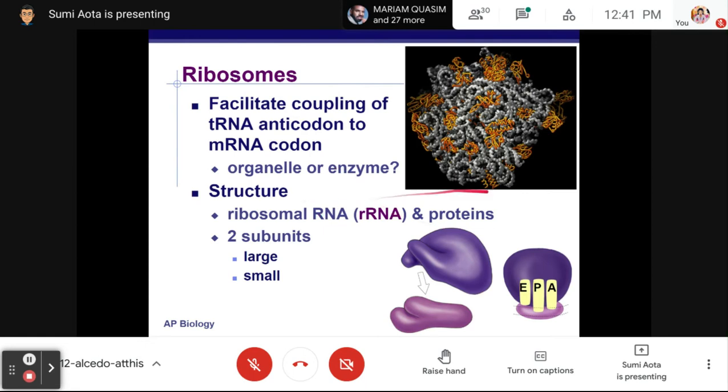Structurally, it's made up of two components: the rRNA, ribosomal RNA, and proteins. Okay, and these things combine as two subunits. They're called the large subunit and the small subunit. Okay, when they come together, you have a functional ribosome.